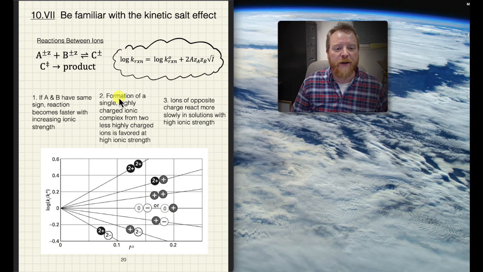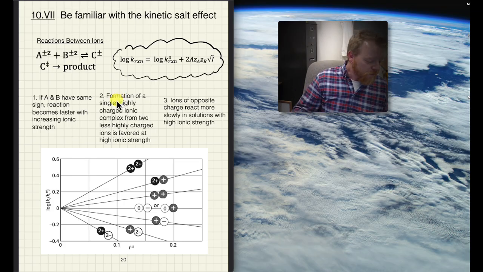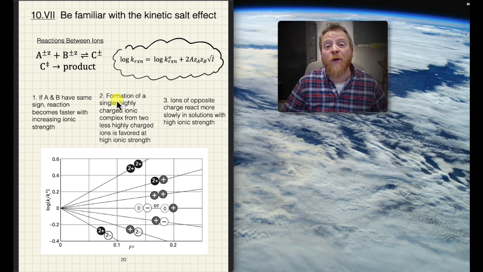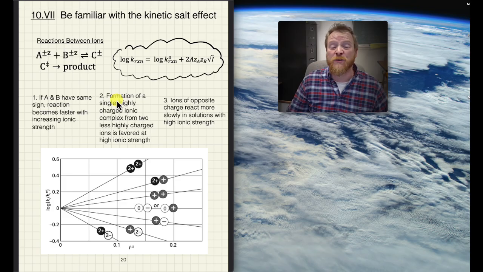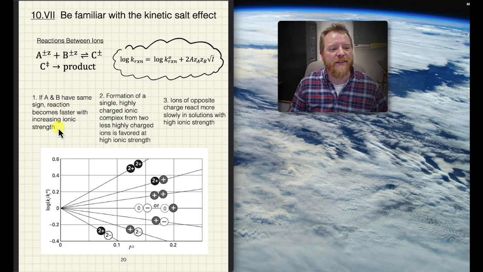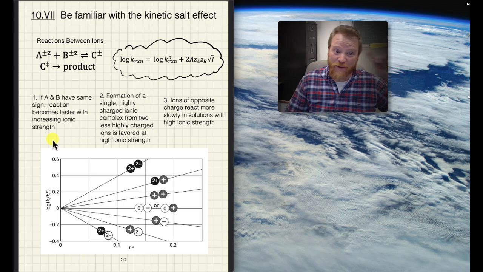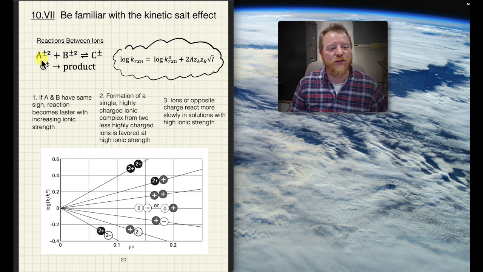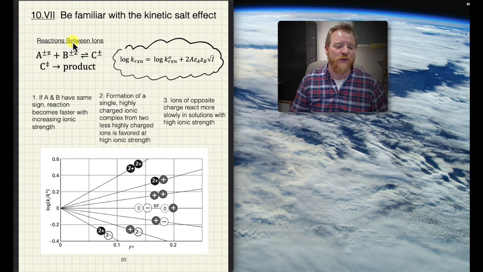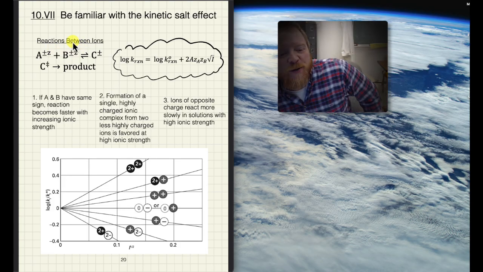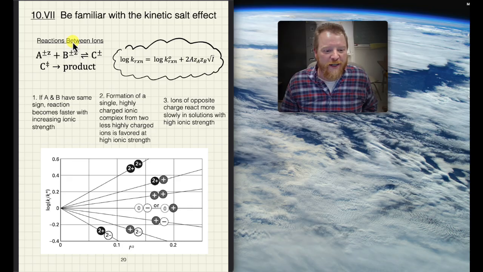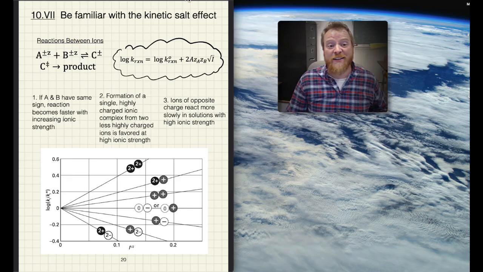I know it was a little bit of a wonky derivation. But importantly, what I want to point out is we get some unexpected results from this. So if A and B have the same sign, the reaction becomes faster with increasing ionic strength. That's weird, right? We would normally think that 2 positive ions or 2 negative ions reacting with each other would result in a slower reaction, but it's in fact the opposite.